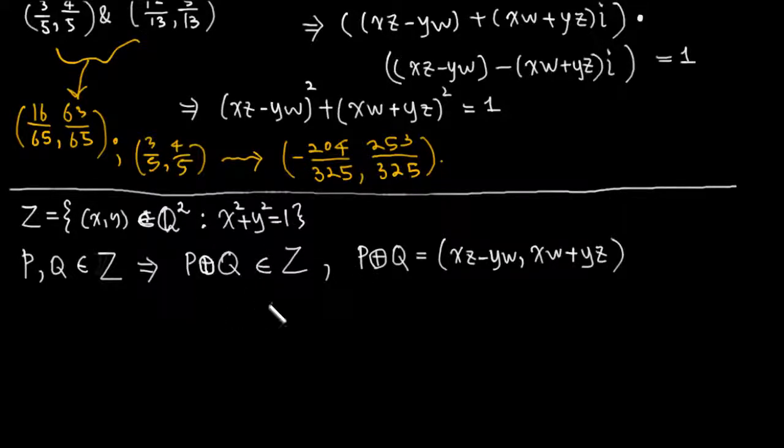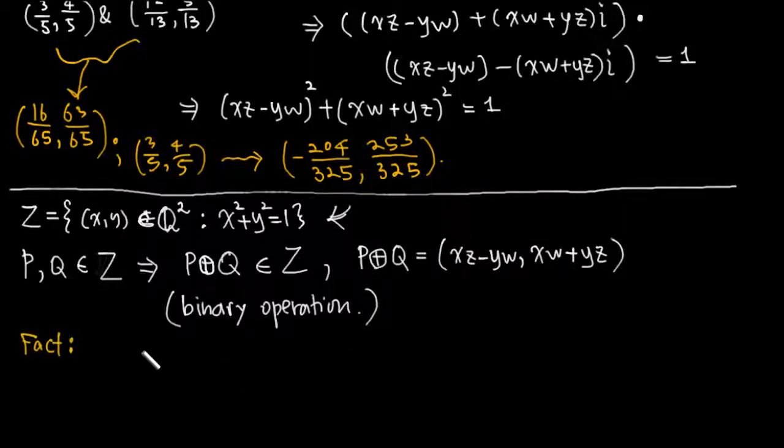So this is like an operation. Definitely, if you have 2 things, we can generate another solution. So we have actually defined a binary operation on this unit circle set. Before, it was just a pure set, a collection of positions in the xy plane with rational coordinates. Now we introduce this structure, which is the term that I used before, but the better term is really that a binary operation is defined.